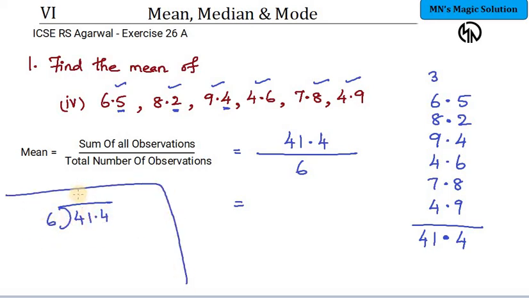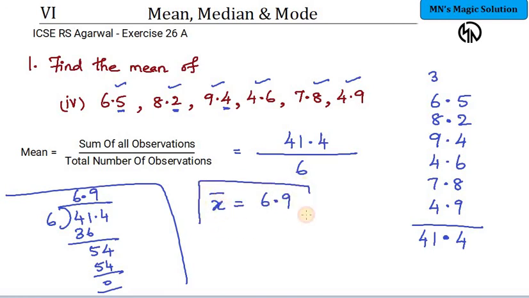You will get 6 times 6 is 36. Remaining 5. This decimal is here, so I'll place a decimal here. I bring down this 4. You know that 6 times 9 is 54. So what will be the answer? It will be 6.9. So what is X bar, or what is the mean value? 6.9.